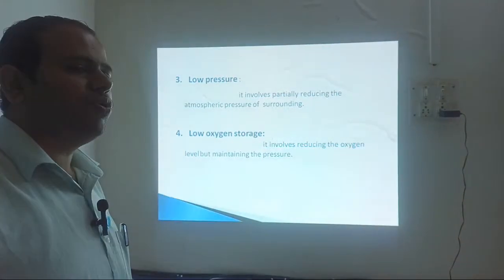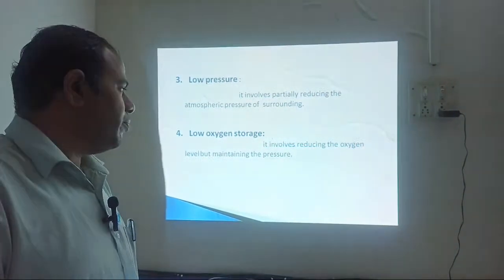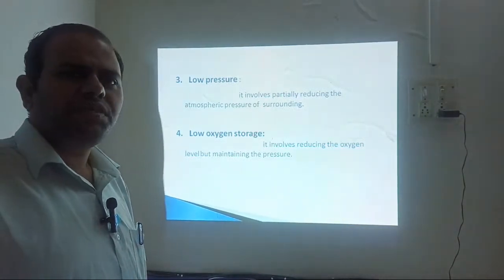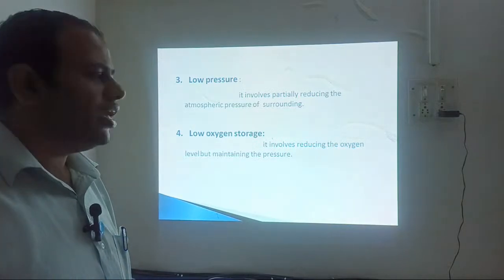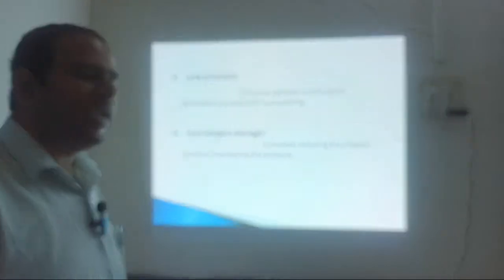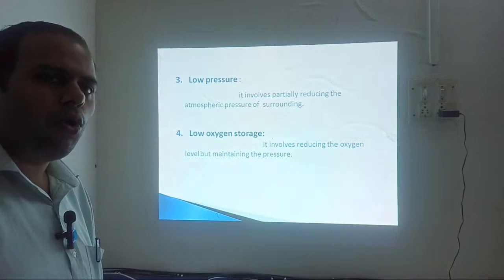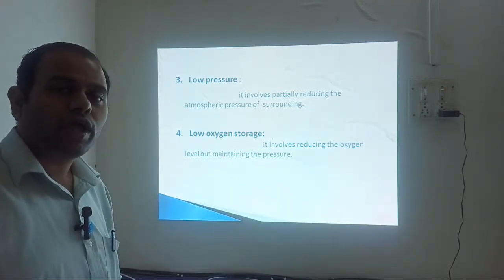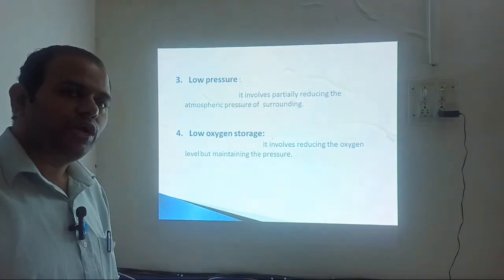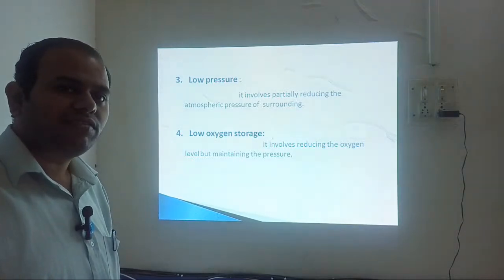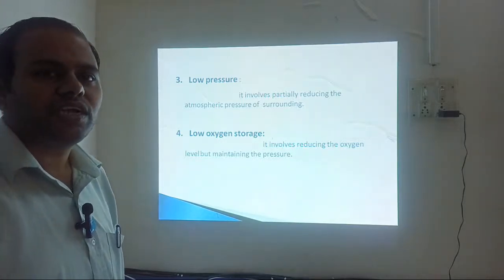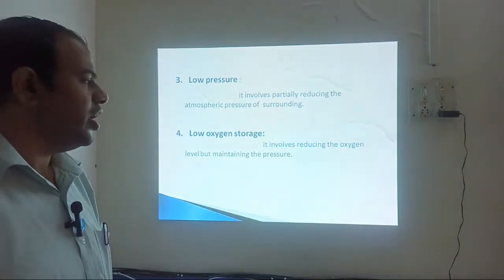Low oxygen storage can also be done. The basic example is the commercial chips you get in the market. There also the oxygen content in the packaging is low. Why? Because oxygen brings about the oxidation of different organic molecules. When you reduce the oxygen content in such packets, the oxidation of molecules, oils or fats present in the food material is reduced.